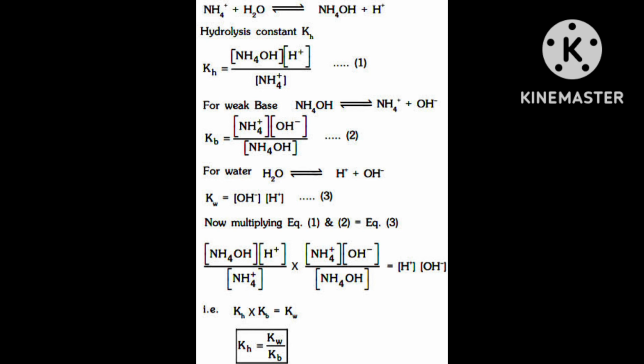Calculate the pH of 0.1 M ammonia solution. 0.1 M means M by 10.